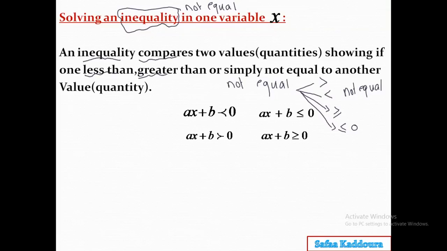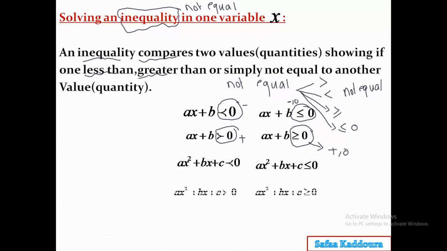What do we mean by ax plus b less than 0? It means when it is negative. Greater than 0 means when it is positive. Greater than or equal to 0 means when it is positive or 0. And less than or equal to 0 means when it is negative or 0.